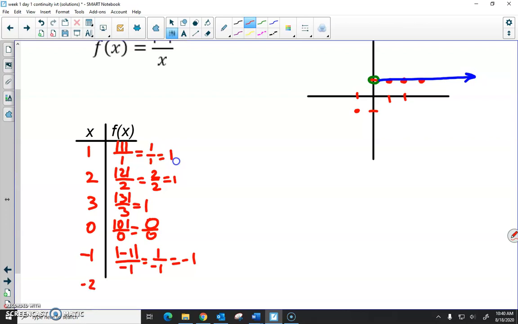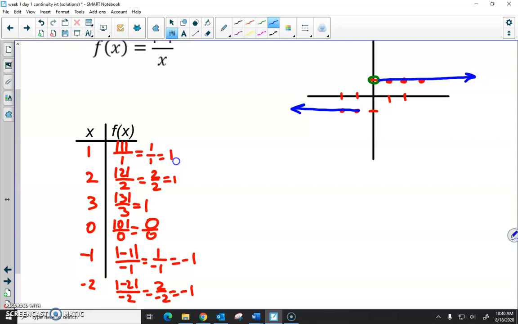If x were negative 2, I have the absolute value of negative 2 over negative 2, which is 2 over negative 2, and I get a value of negative 1 there. So it looks like if I have values of x that are negative and I keep getting smaller, those are also going to have a y value of negative 1. And so I get another horizontal line right here.